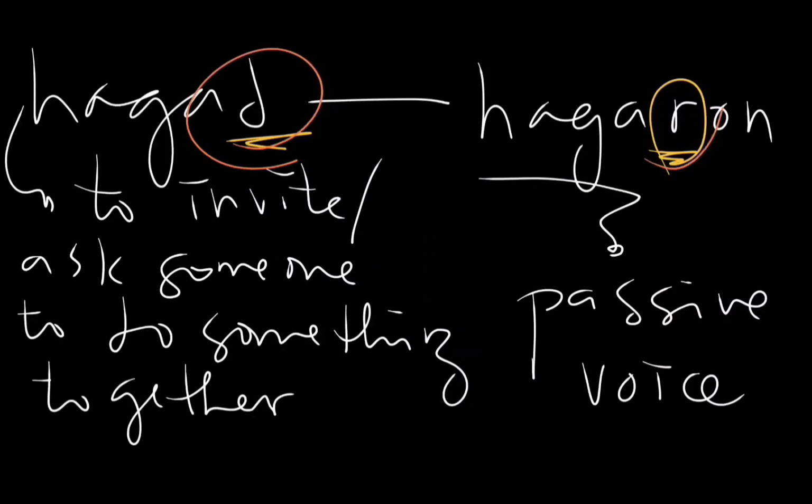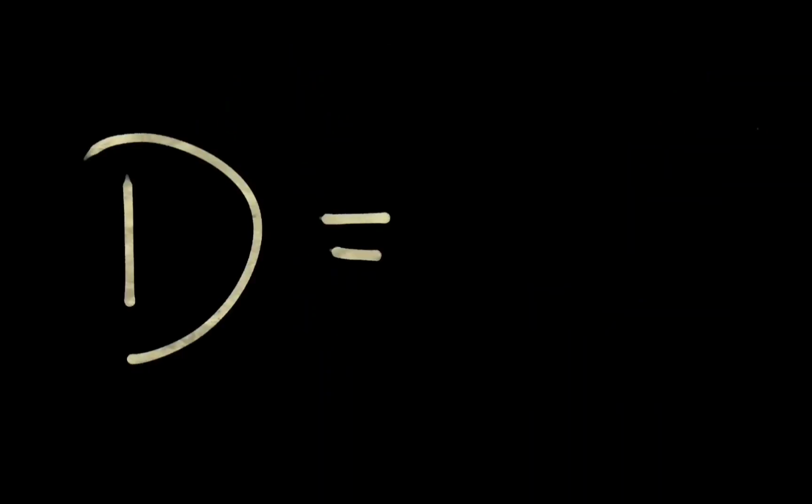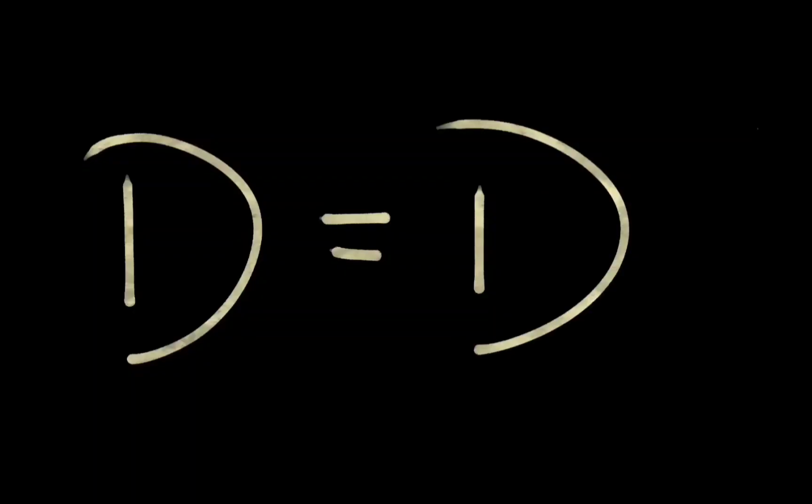Hagad, hagaron. Take note, however, that there are instances when native speakers tend to keep the consonant da despite all the verb conjugations or noun inflections or adjective inflections. So it wouldn't be wrong to keep the da consonant instead of interchanging it with the ra consonant.